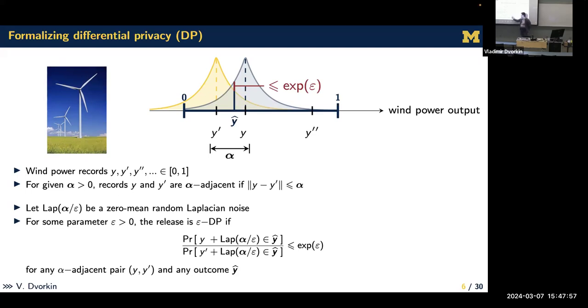When we look at the ratio of probabilities of observing the same outcome by perturbing different records, this ratio will be bounded by e to the epsilon, right? Essentially, as long as epsilon is small, these probabilities are similar, meaning the function is very well aligned.